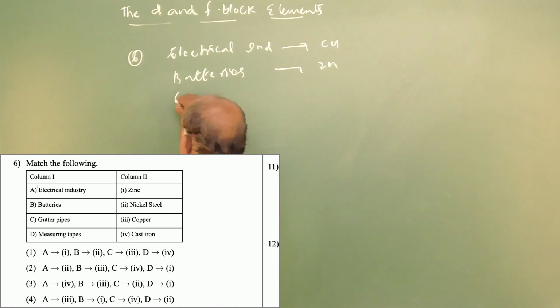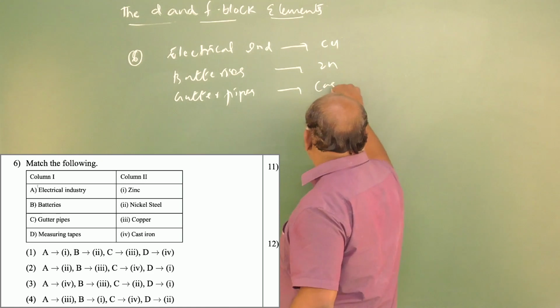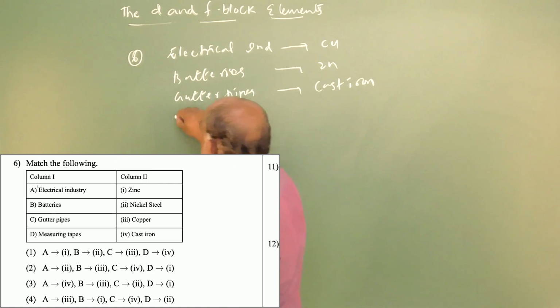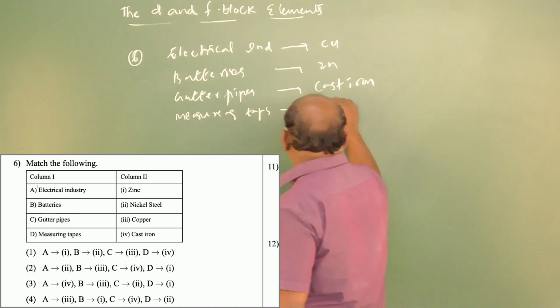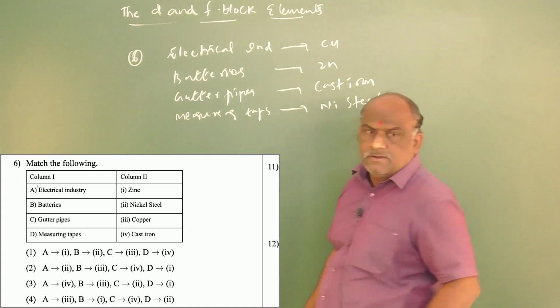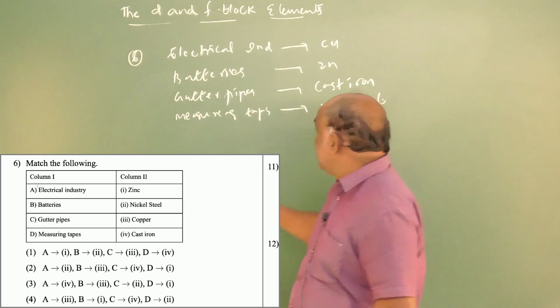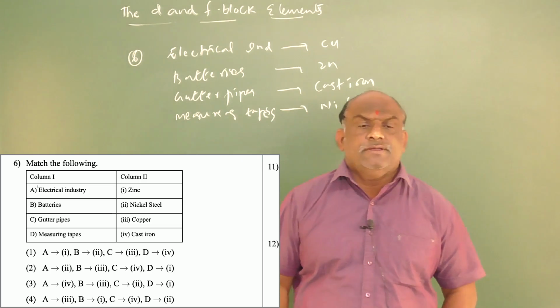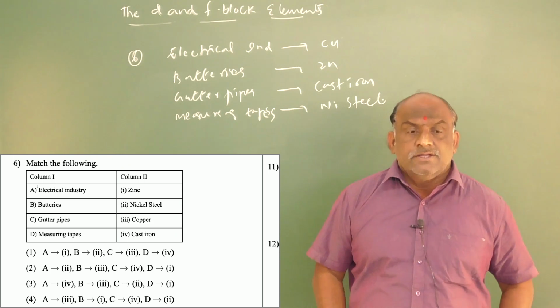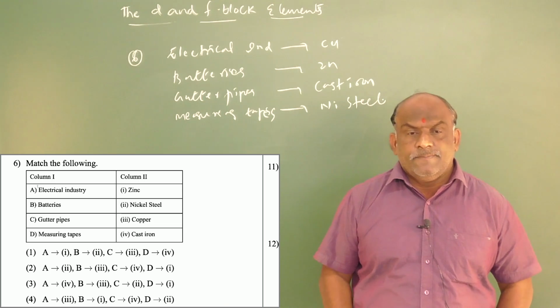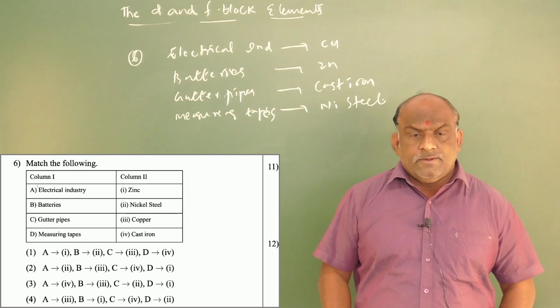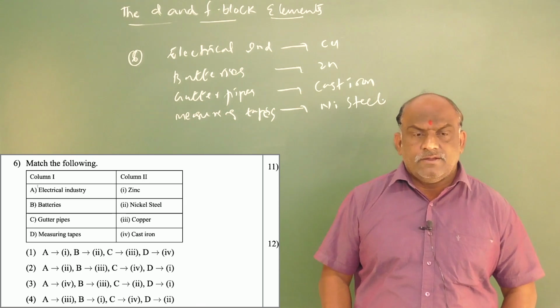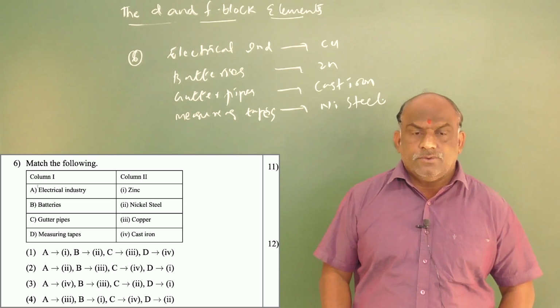So this will be the relation: gutter pipes is cast iron and measuring tapes is nickel steel. Already we know that measuring tapes can be manufactured from nickel steel.